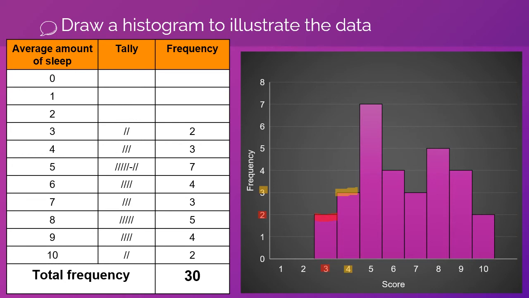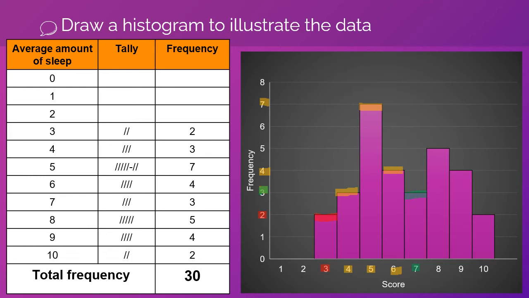Next, score of 5, frequency of 7. The next, score of 6, frequency of 4. The next, score of 7, frequency of 3.